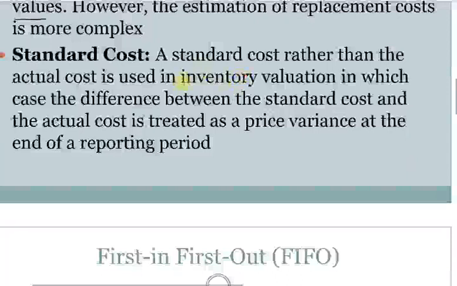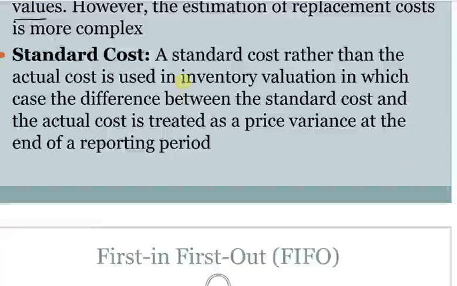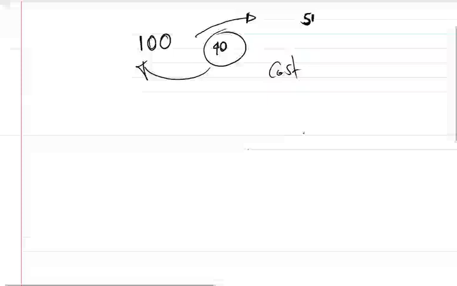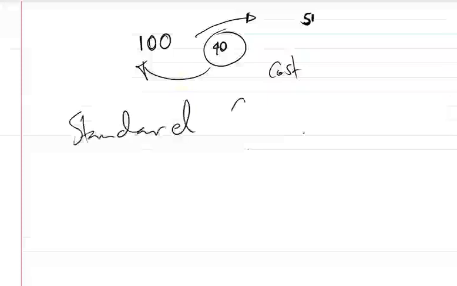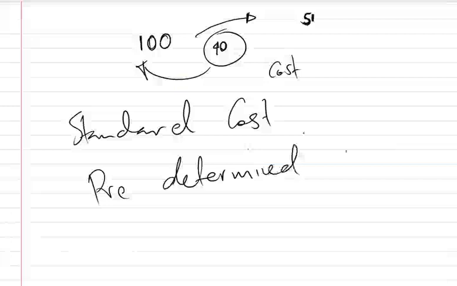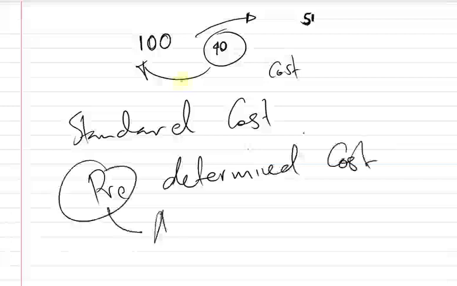So looking at the standard cost, it is all about valuing your inventory and cost of production at a standard cost. So what is the standard cost? When we're talking about the standard cost, we're talking about a predetermined cost. When you're talking about pre, it's something to do with in advance.